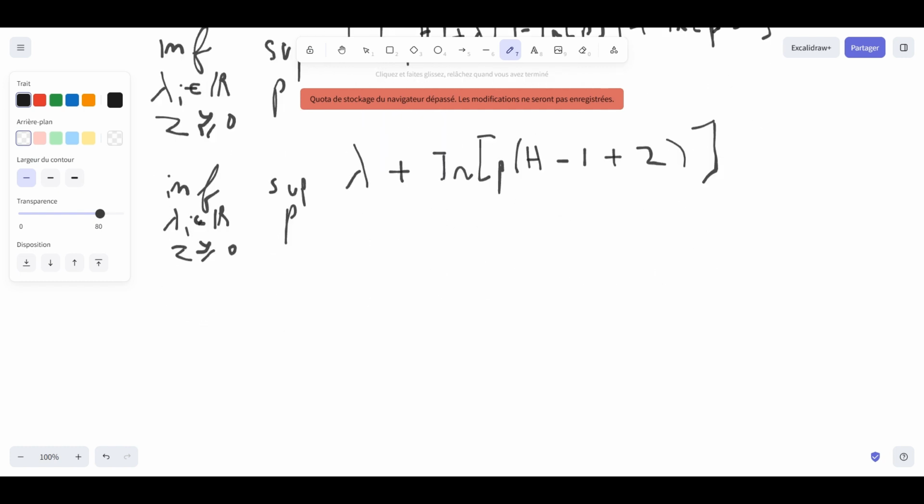Okay, so I can try to write an indicator function about it.